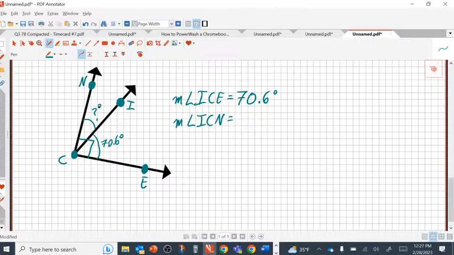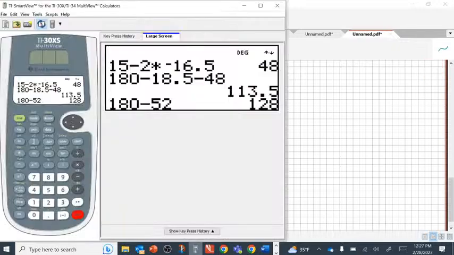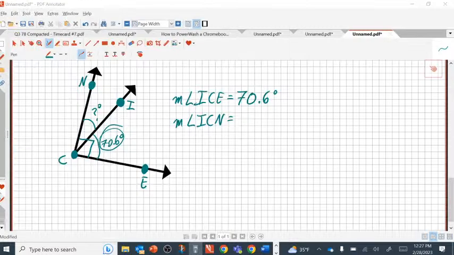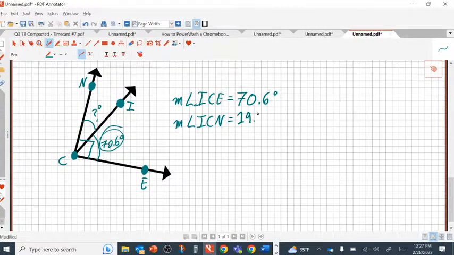Always 90, okay? So if I know this has 70.6 of those degrees, how can I find out how much the other one has? Yeah, we're just going to take it away from 90. So we're going to do 90 minus 70.6, which is 19.4 degrees.